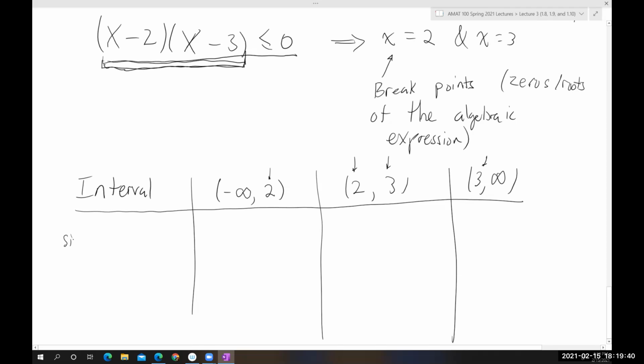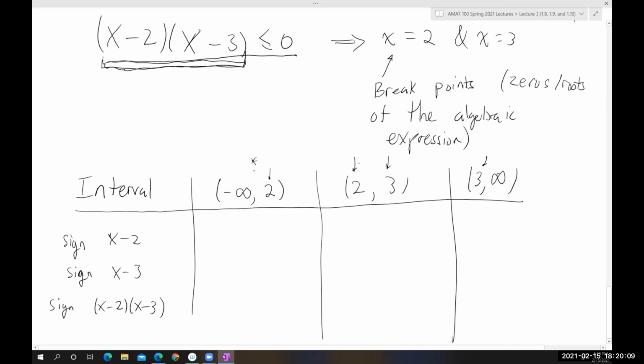So here we're going to look at the sign of each factor over these intervals. We have the sign of x minus 2, the sign of x minus 3, and then the sign of the whole product, the whole algebraic expression. The best way to do this is just to take a test number, the simplest number in each interval.